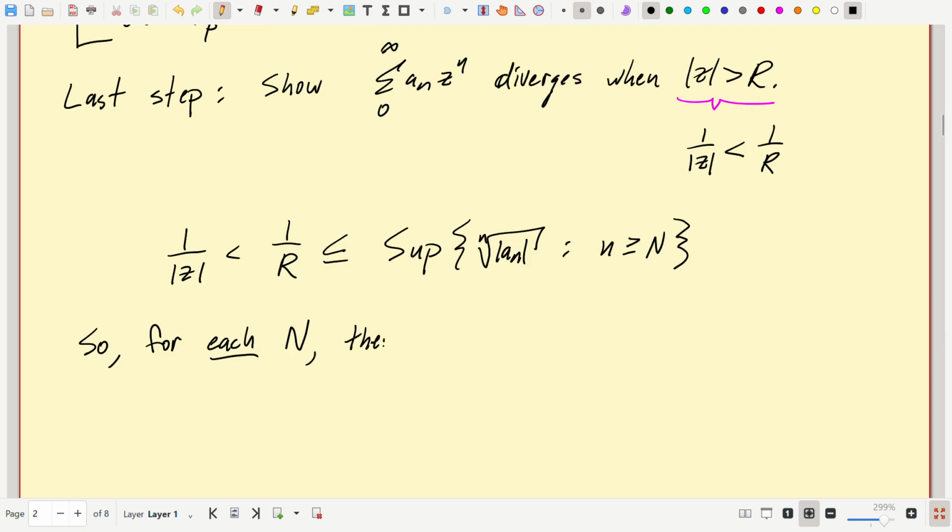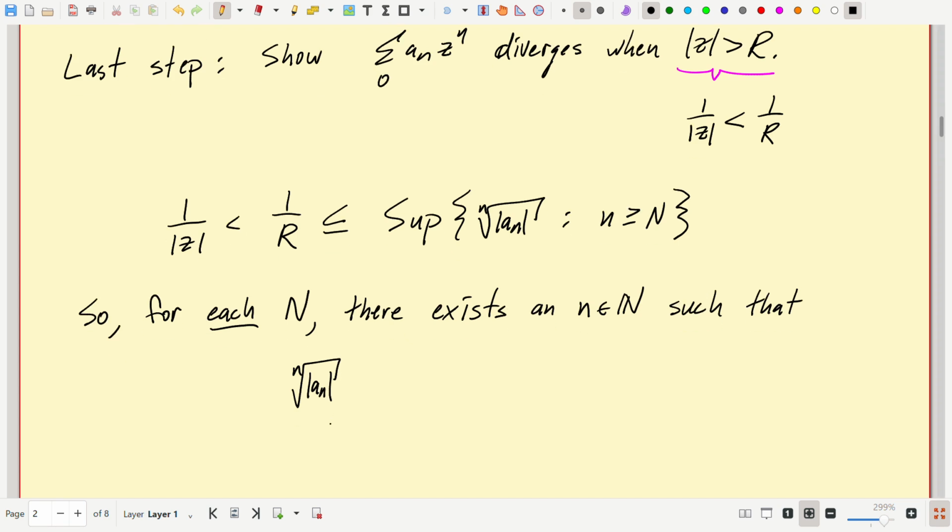There exists an n such that the nth root of modulus a_n is greater than or equal to 1 over r. Otherwise, that sup couldn't possibly be greater than or equal to.